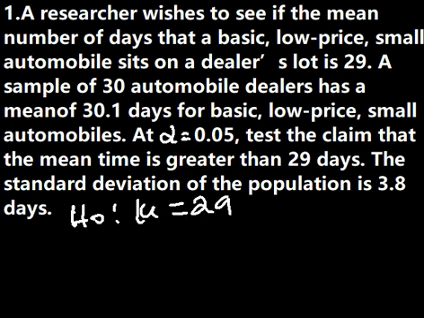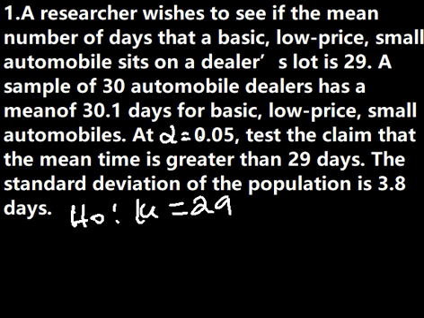So what is the alternative hypothesis? We go to the statement. It states that at alpha equal to 0.05, test the claim that the mean time is greater than 29 days. Now, upon having 30 automobile dealers, the mean they observed is 30.1, which is greater than 29.